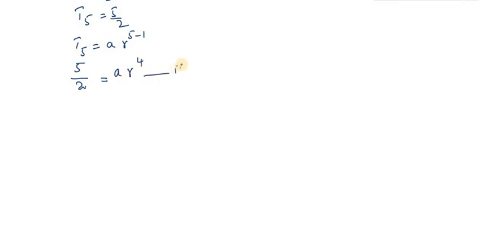This we call equation number 2. By dividing equation number 2 by equation number 1, the fifth term by the third term, the fifth term is a r to the power 4 and the third term is a r to the power 2. The fifth term is given as 5 upon 2 and the third term is given as 10.